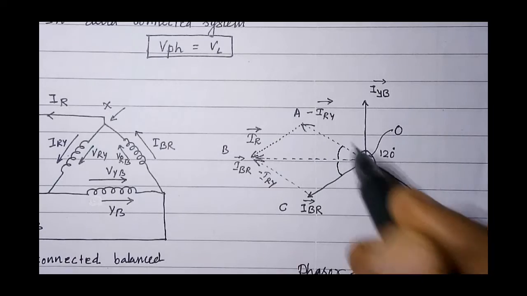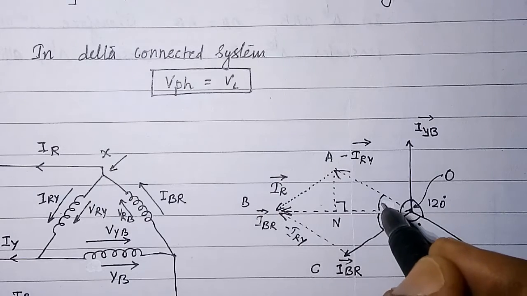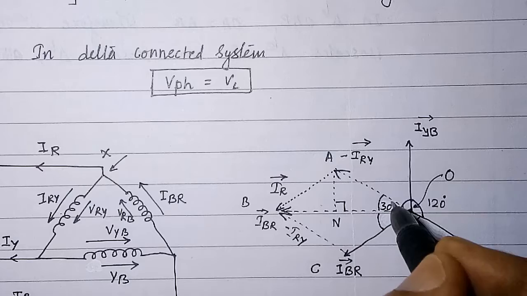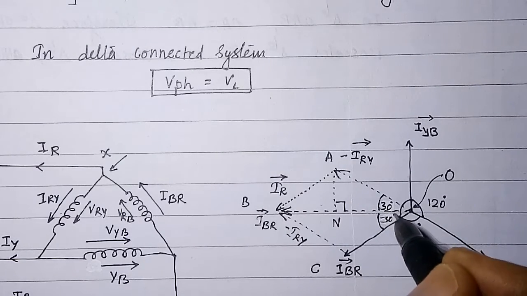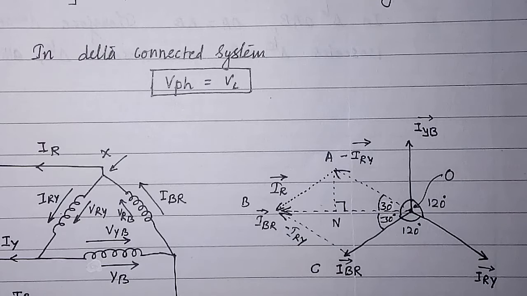So we will show angle AOB and angle COB as 30 degree each. Angle AOC is equal to 60 degree here. Why it is so?